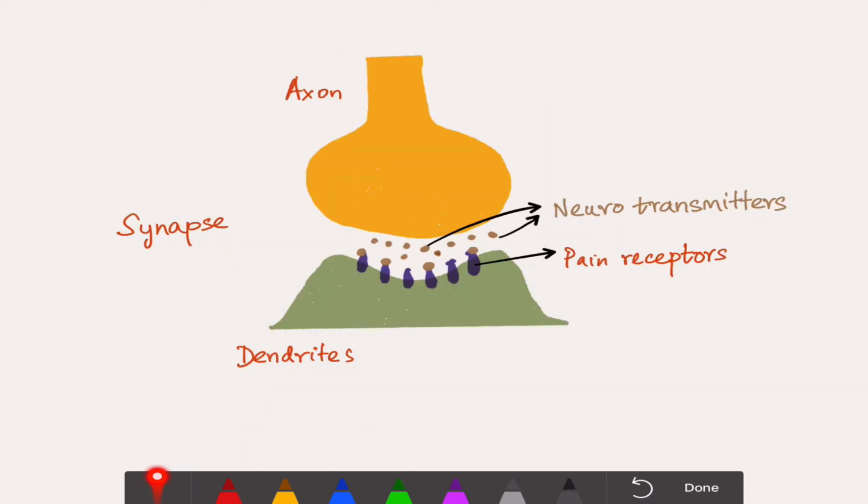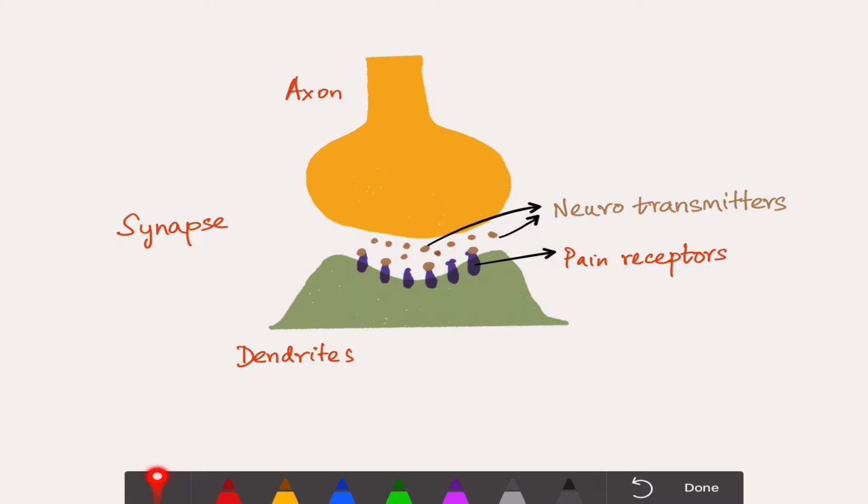So one common drug that is prescribed by the doctor for diabetic neuropathy is called gabapentin. Gabapentin is basically a painkiller. It works by blocking the neurotransmitters from reaching the pain receptors.